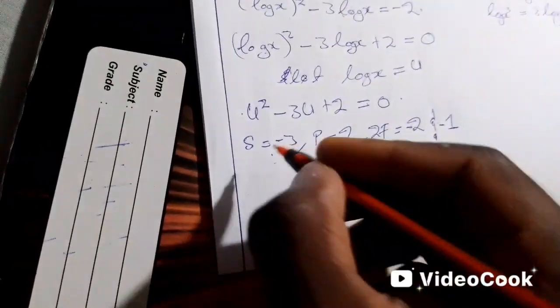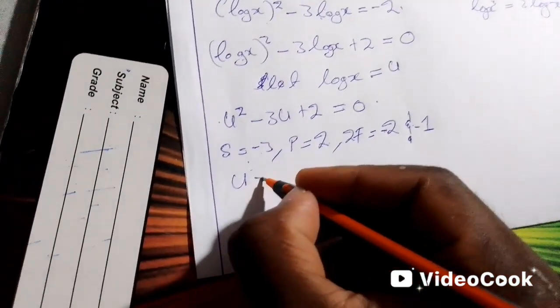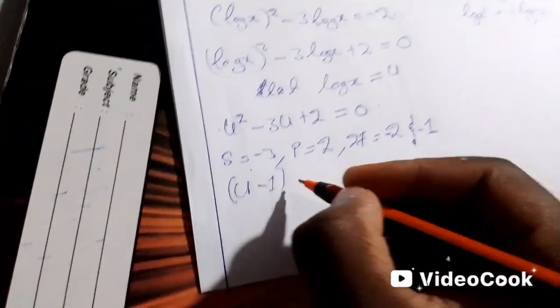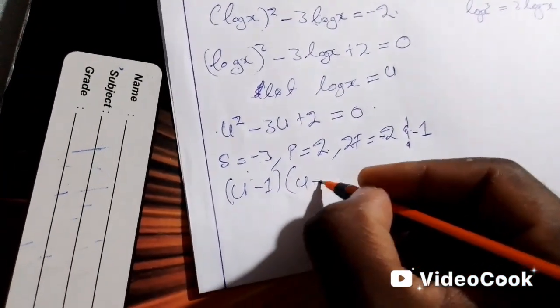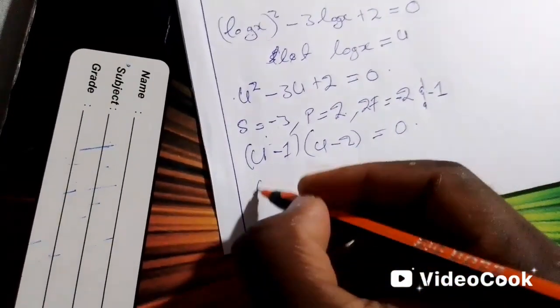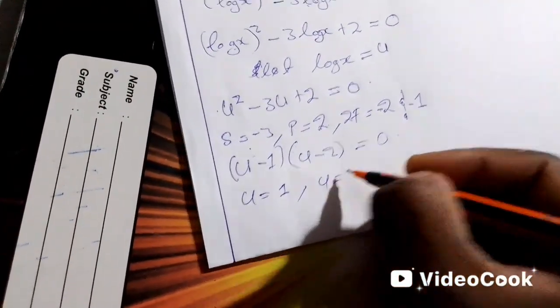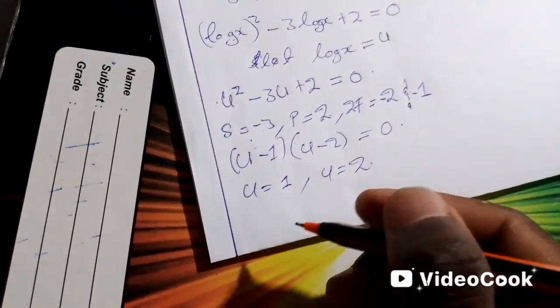So this leads us to u minus 1 and u minus 2 equal to 0, and then u is equal to positive 1 or u is equal to positive 2.